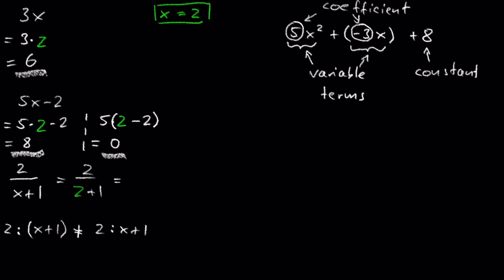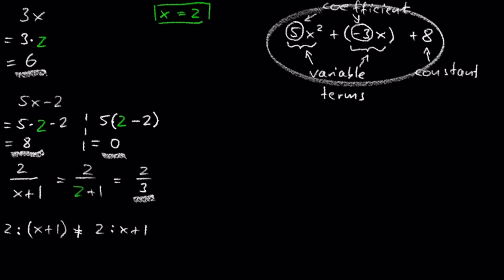The solution is 2 over 3. Be careful here, don't cancel the 2. You could only cancel the 2 if the 2 was being multiplied.